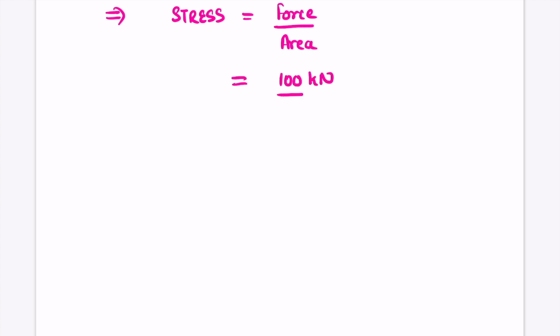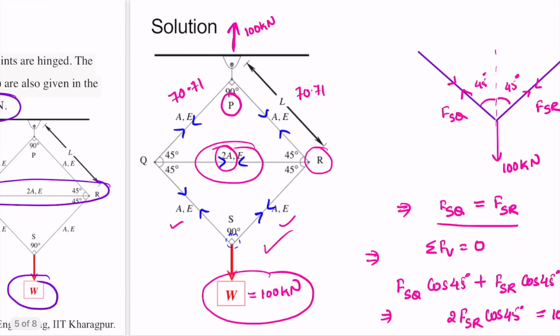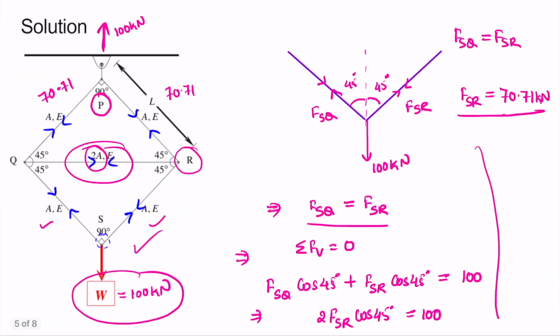So here if we want to find out the value of stress in member QR, stress is force divided by area, right? So force, we know that it is 100 kilonewton, and what is the area? Area for this member is 2A, and the value of A is 0.05.